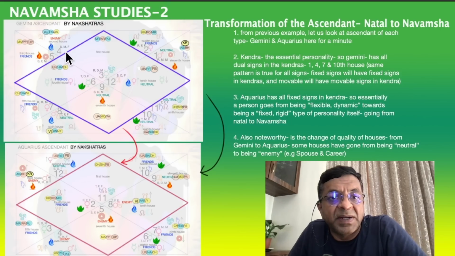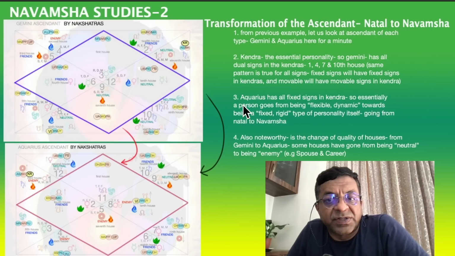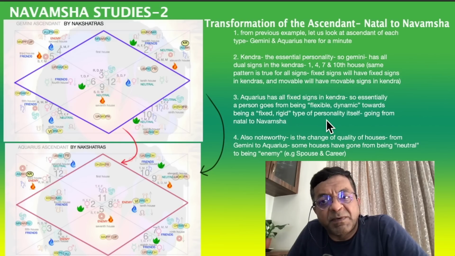So you go from mental energy to a very materialistic energy, right? And that's what happens in this ascendant. Aquarius is all fixed signs in Kendra, so essentially a person goes from being flexible and dynamic, which is Gemini, towards being a fixed, rigid type of personality, going from natal to Navamsha.